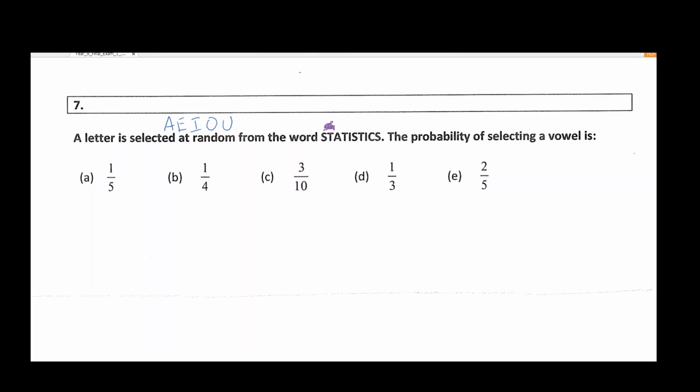We've got 1, 2, 3, 4, 5, 6, 7, 8, 9, 10 letters, and how many vowels? Let's have a look at our number of vowels. There's a vowel, that's 1, 2, that I there, and 3. And that's it. So it's 3 out of 10, which is C.